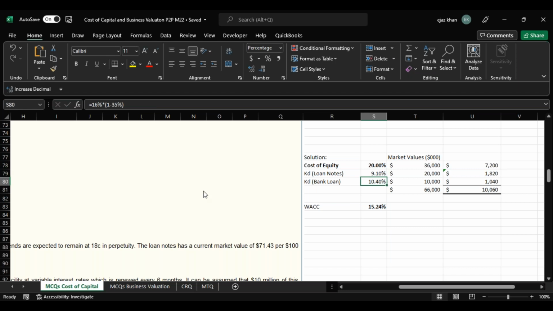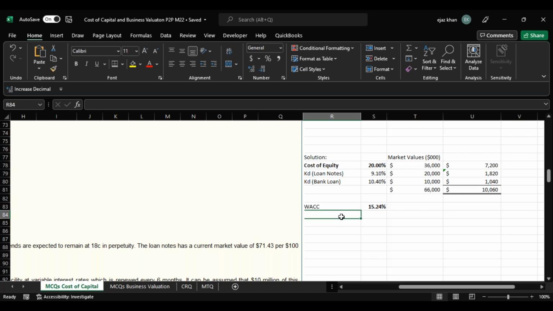Okay, now comes Musavir's question. Musavir's question is, sir, which method of KD is acceptable in exam? So Hussain Kazi told us to calculate by the IRR method. Musavir, in case you have a debt that is redeemable, and redeemable at a different value than its market value.